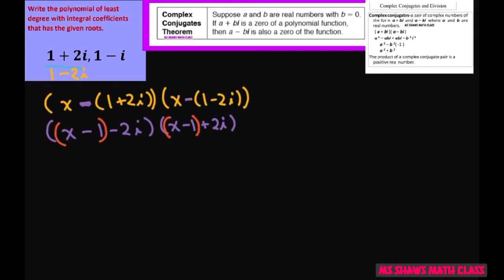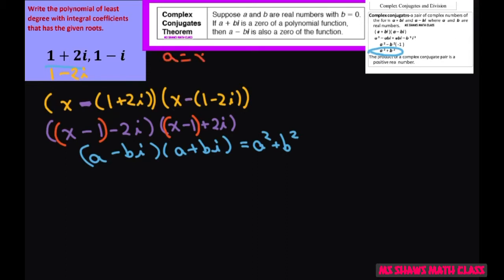Now we have this form of a minus bi times a plus bi, and that equals a squared plus b squared. In our case, our a is x minus 1, and our b equals 2.